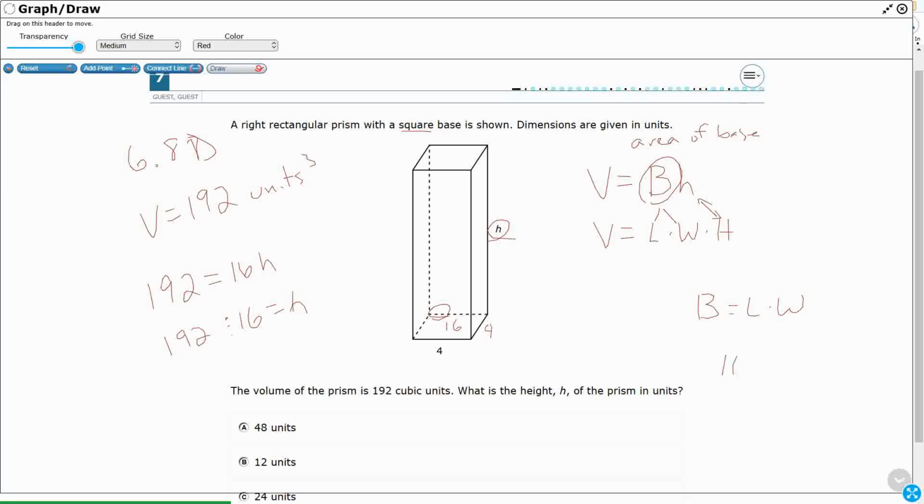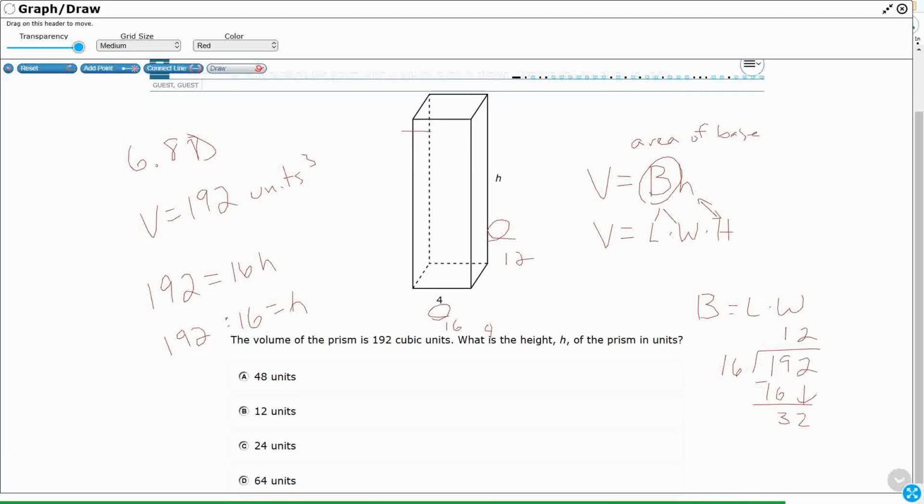So let's divide 192 by 16. That's going to be, goes in once, and that's going to go in twice. All right, so 12. So 4 times 4 times 12, or 16 times 12, is going to get me 192. And you see our answer right there as B.